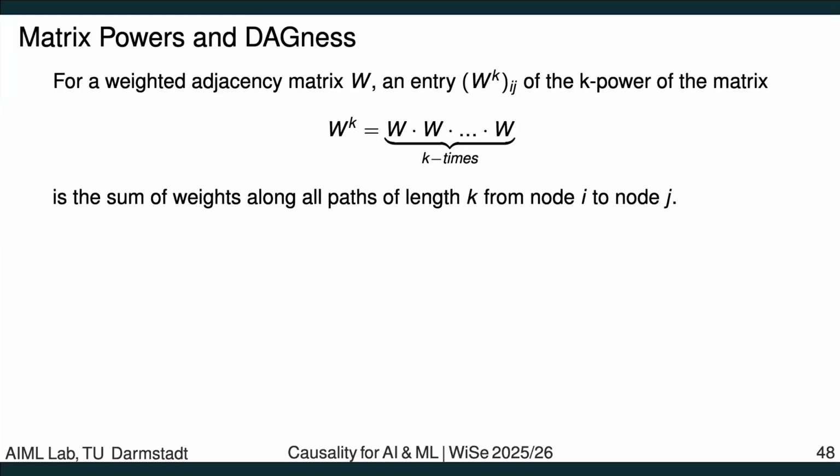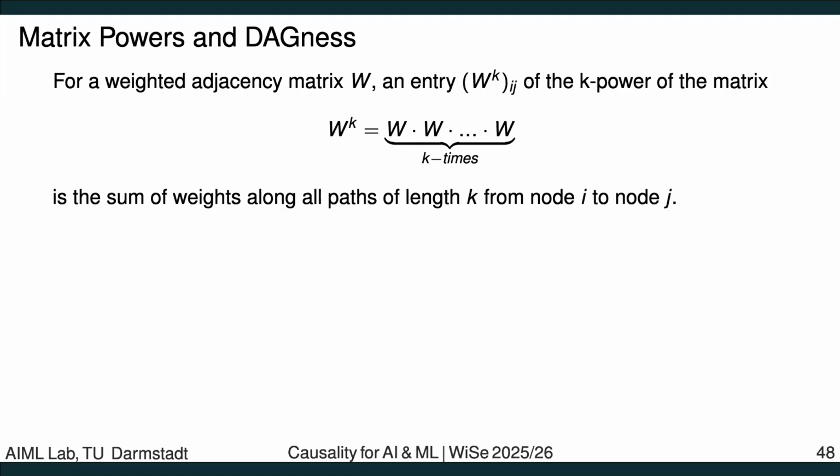Maybe in the introductory computer science courses, you have heard some properties about graphs and adjacency matrices. One interesting property of weighted adjacency matrices is that if we take the kth power of a matrix, the entries contain the sums of the weights along paths from i to j of length k.